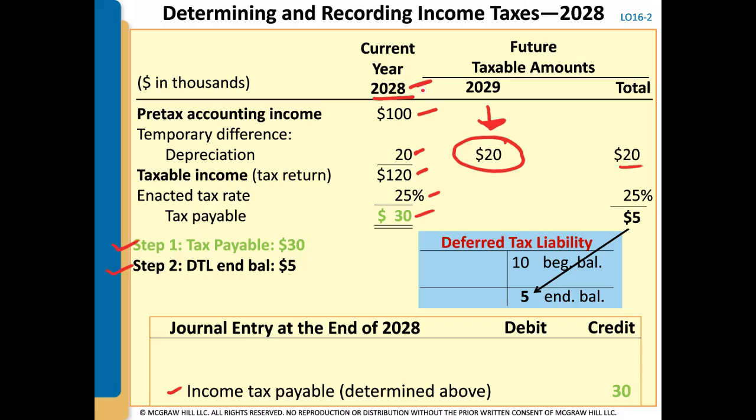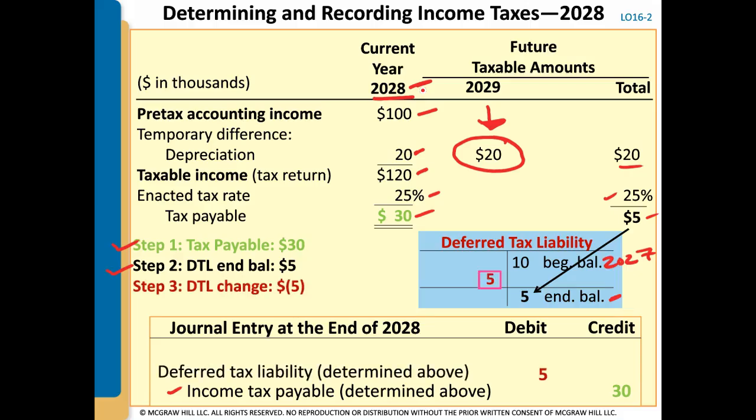And that $20 multiplied by 25% gives me 5. So my ending deferred tax liability should only be $5. My beginning deferred tax liability from 2027 was $10, which means I debited deferred tax liability for $5 in 2028.